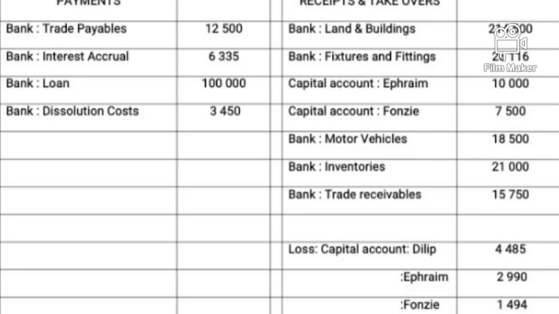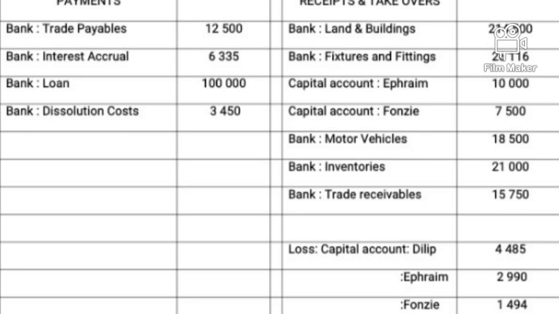So the first entry to be recorded from the realization account are takeovers. Remember, Dilip and Ephraim took over motor vehicles at an agreed valuation of 10,000 and 7,500 respectively. And they were recorded on the credit side of the realization account.